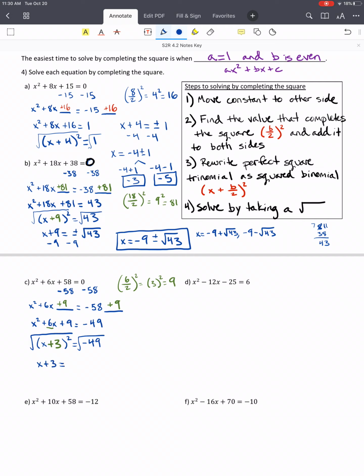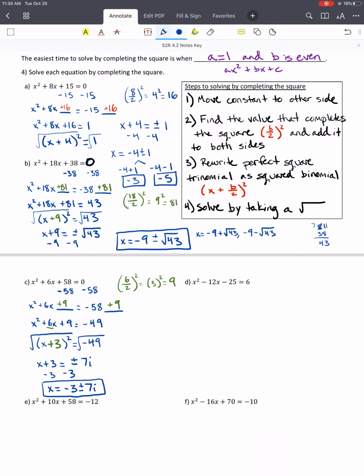Oh, it's a negative under the square root. You know what that means? Imaginary. I'm going to do plus or minus, and the square root of 49 is 7, so this is just going to be 7i. So I can subtract 3. Negative 3 plus or minus 7i.